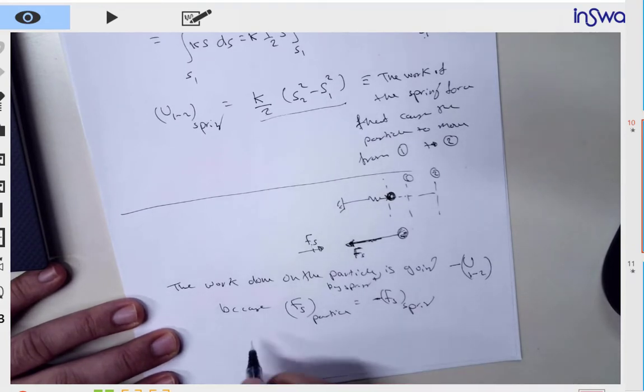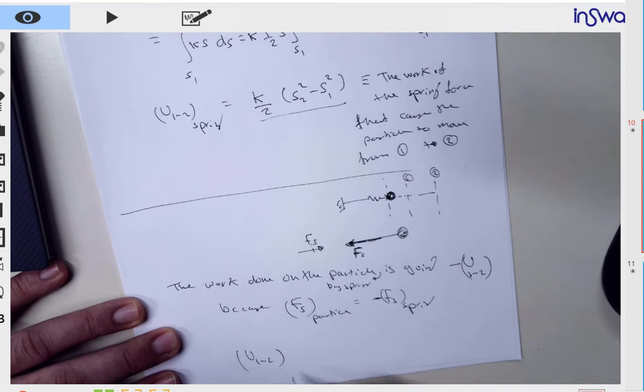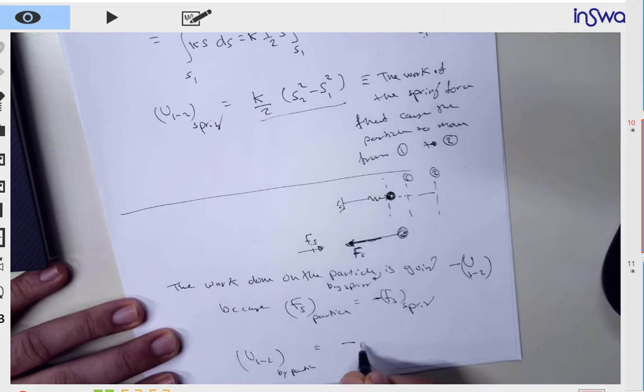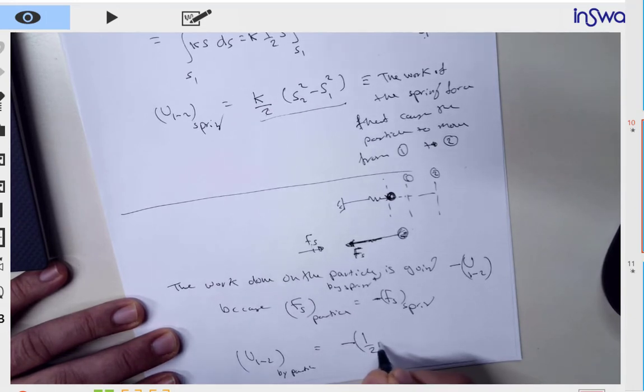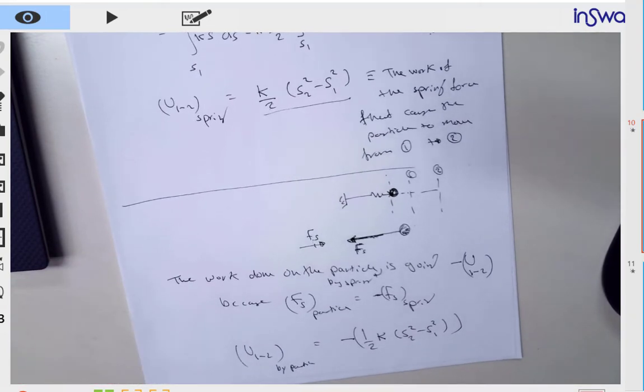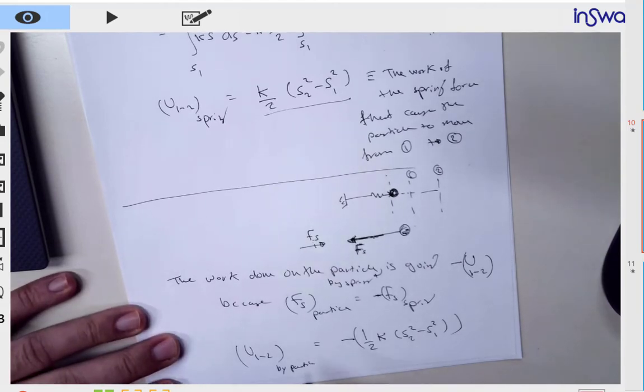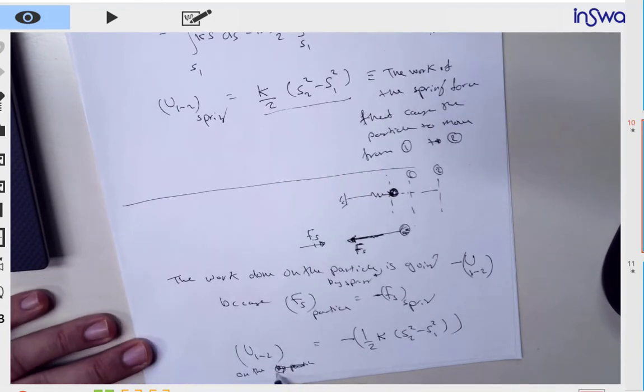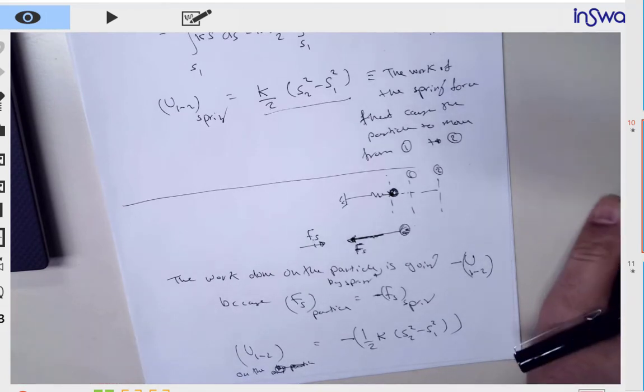So therefore, what we can write is the following: the work done on the particle is equal to negative half K (S2 squared minus S1 squared). I'm sorry, on the particle. Done on the particle. Okay? Alright.